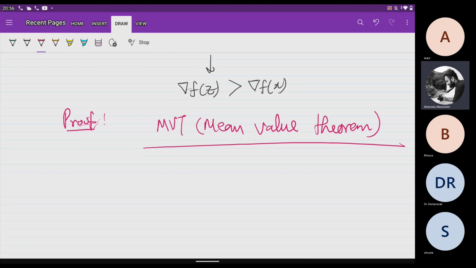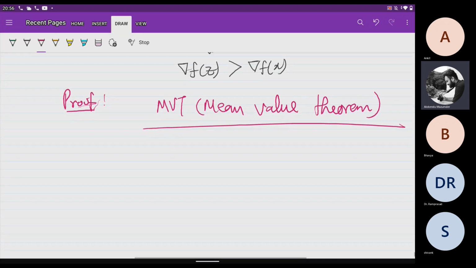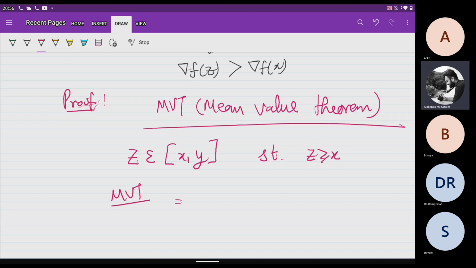So MVT says that if I have a closed interval x comma y, and there is a point z that belongs to this interval such that z is greater than or equal to x, then MVT says that the gradient at the point z is basically equal to this slope value.